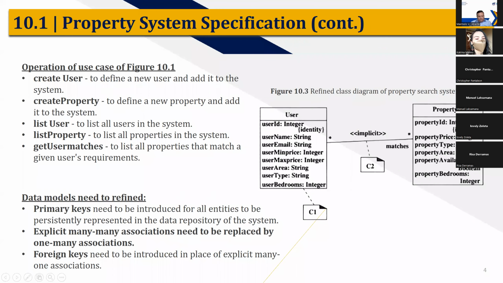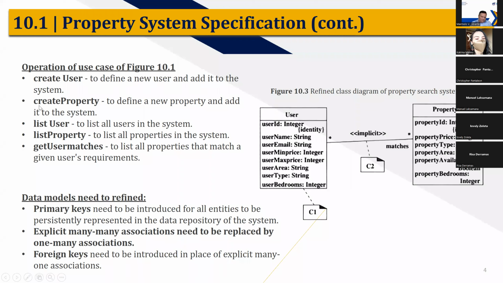So for the operation use of figure 10.1, we identify this as create user, creating users to define a new user and add it to this system. So this is when we are adding users or a number of users.